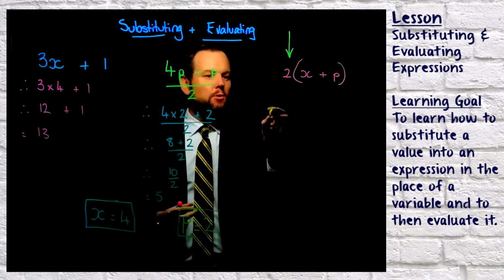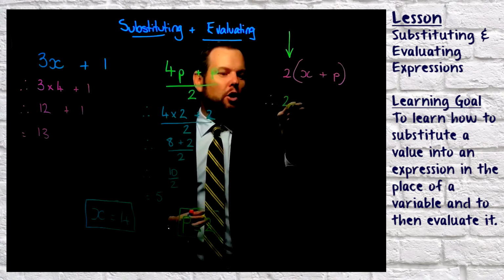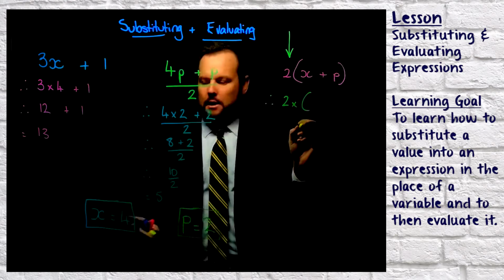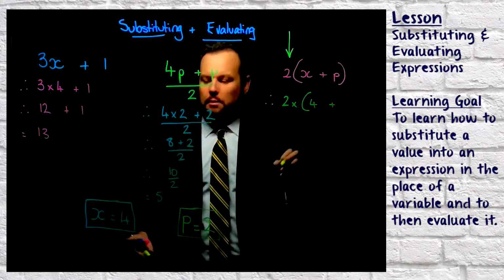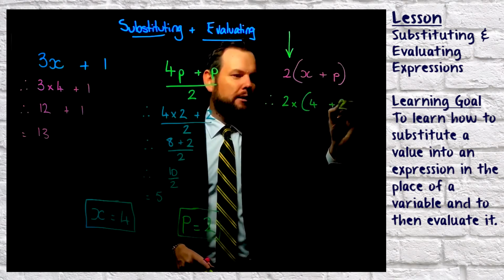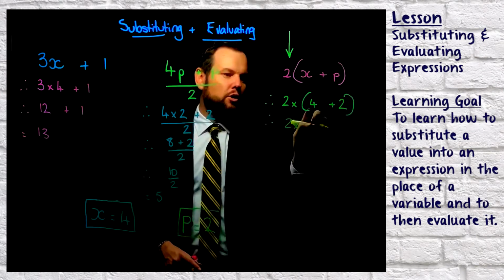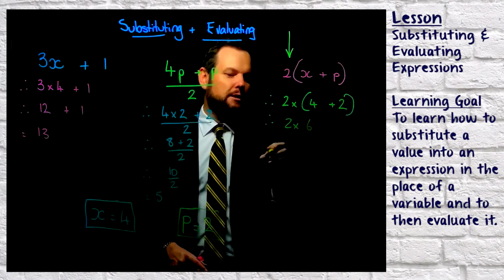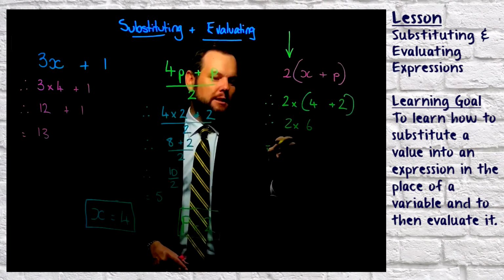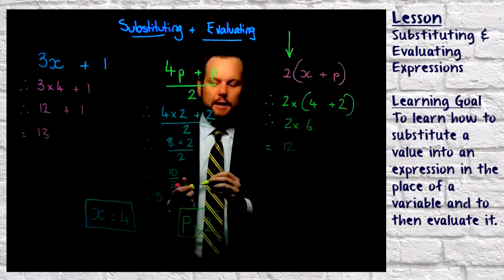So let's rewrite it. I'm going to write 2 times bracket x, which is 4, plus 2, which is p, close bracket. Let's do the brackets. 4 plus 2 is 6, and then 2 times 6 gives me 12.